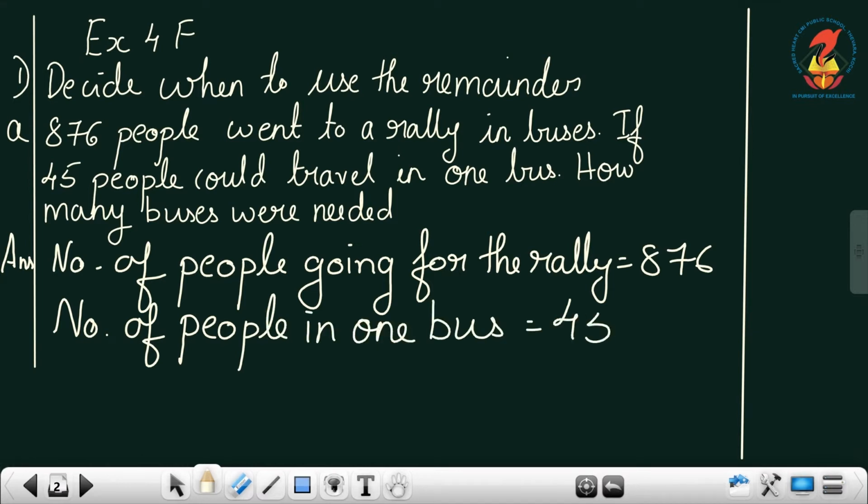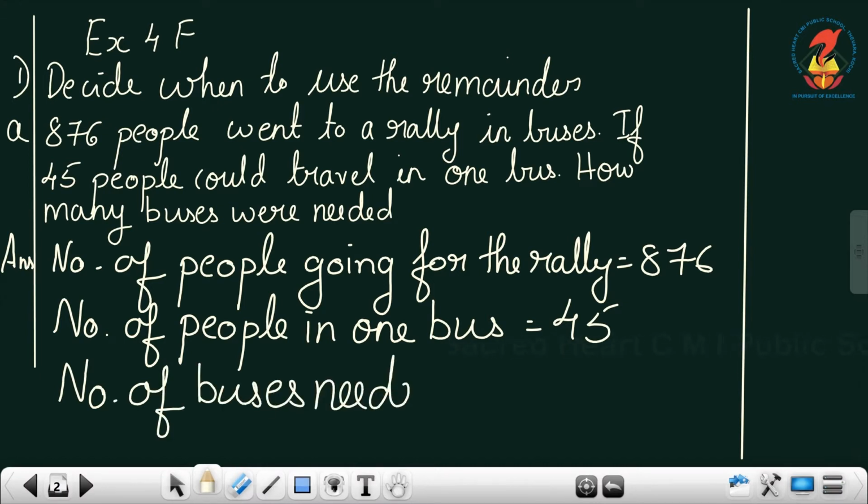That is equal to 45. So the question is, how many buses are needed? So you write the third statement, number of buses needed. As I told you, every bus is taking an equal number of people. To find out the number of buses, we have to divide 876 divided by 45. So now we will divide and see, children.